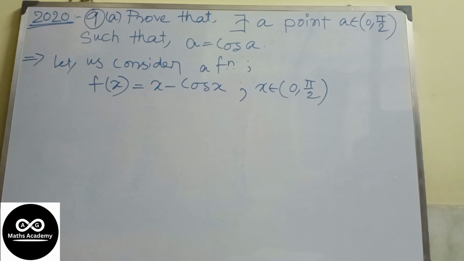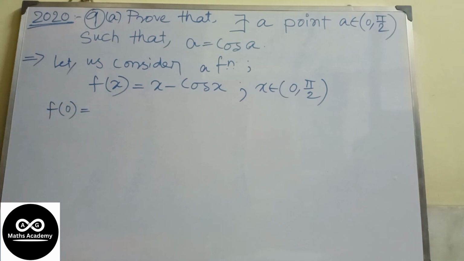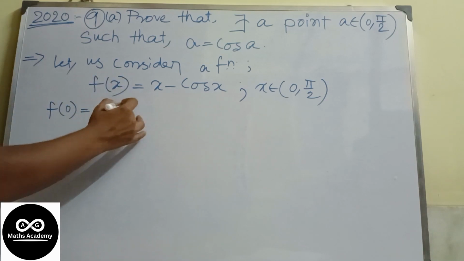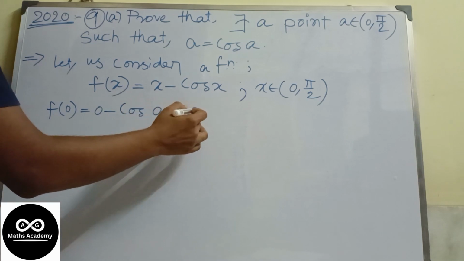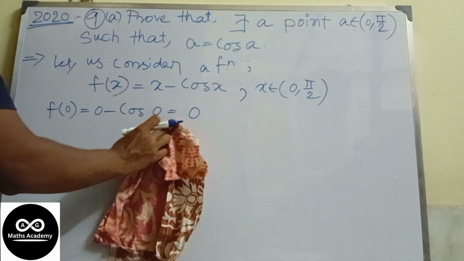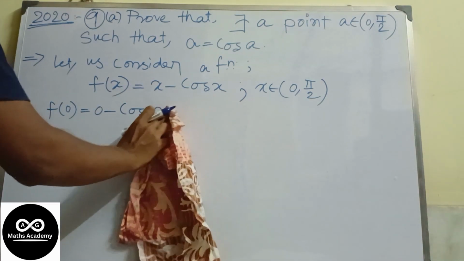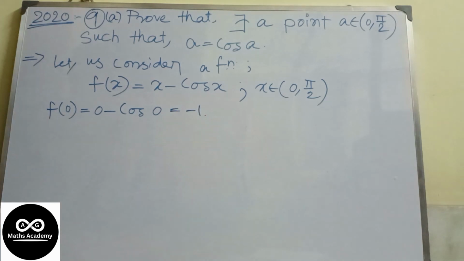Let's find the value of f(0) first. f(0) is 0 minus cos 0, which will be minus 1.